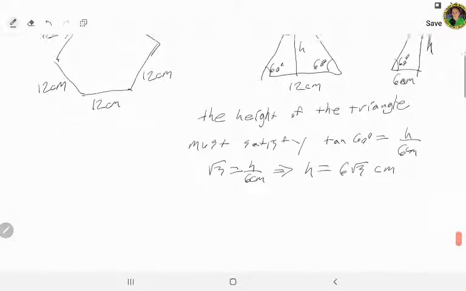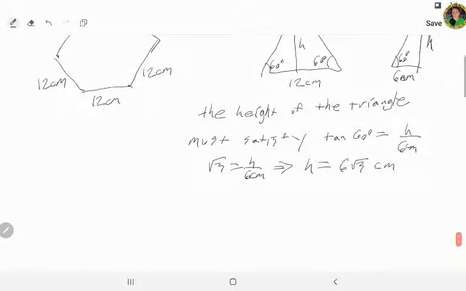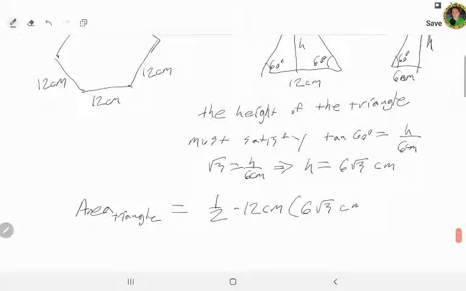So now we know that the area of the triangle has to be 1/2 base times height. So we're going to get 1/2 times the base is 12 centimeters times the height is 6 radical 3 centimeters. And so we end up getting 36 radical 3 square centimeters.